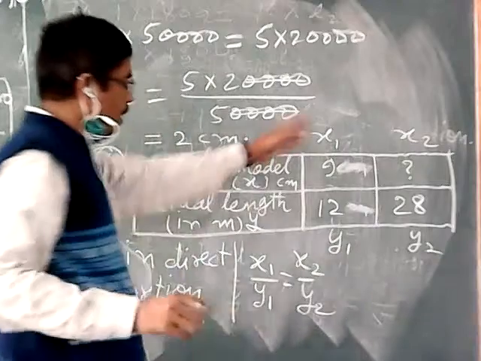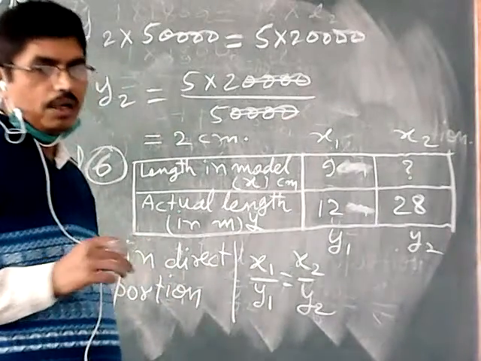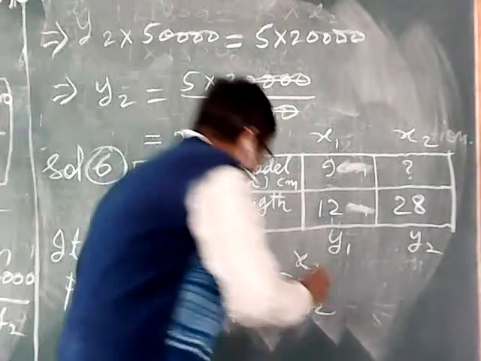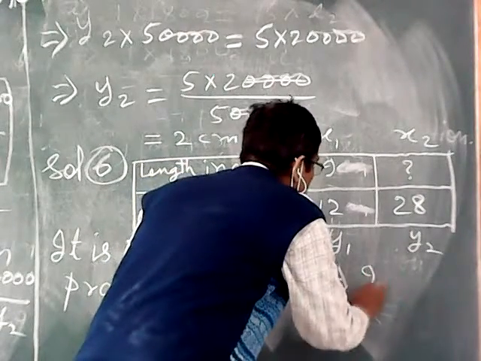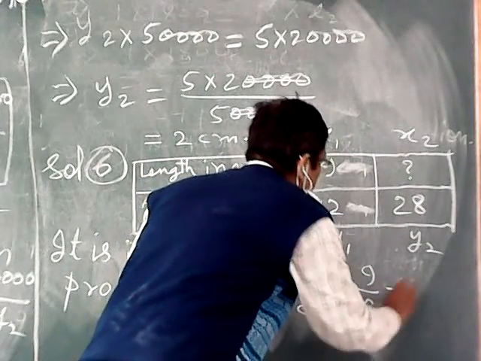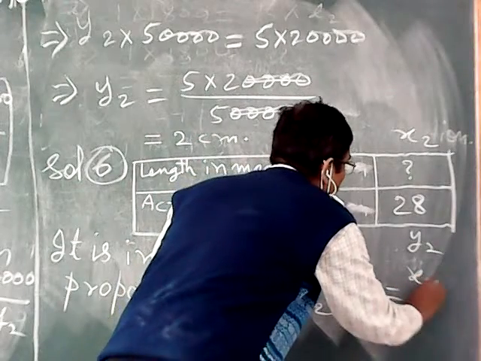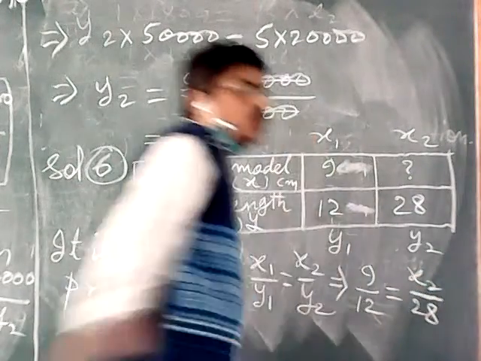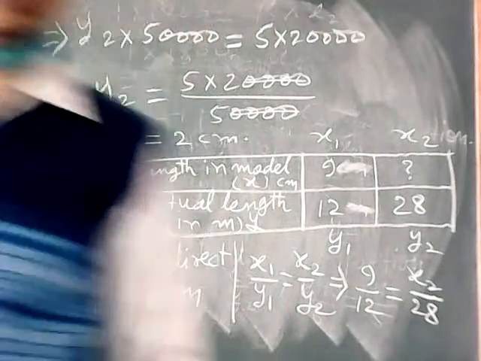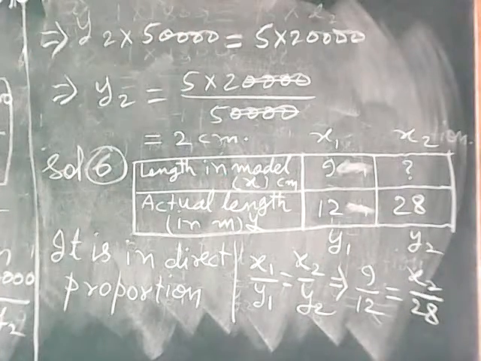Now putting these values and solving, I think we can do it. So 9 by 12 is equal to x2 by 28.